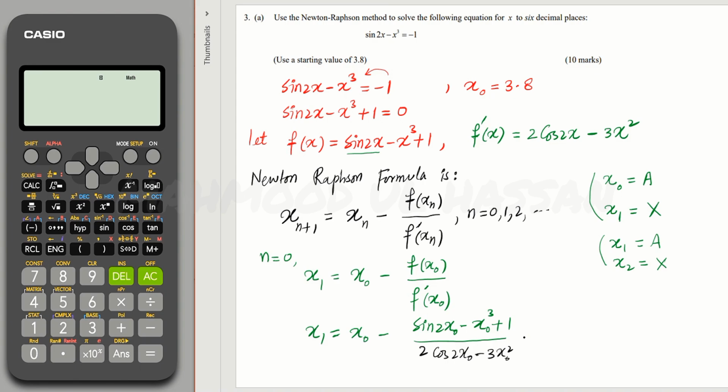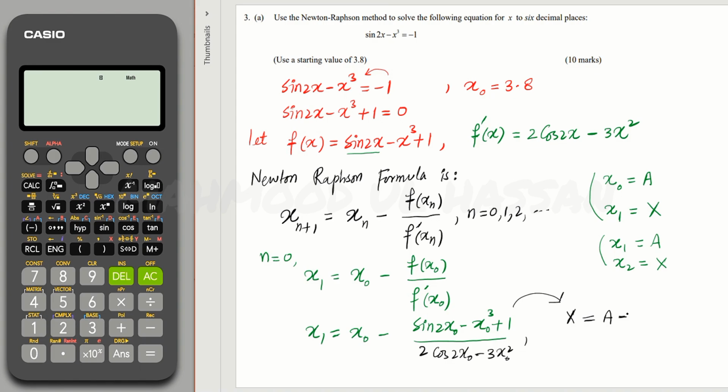But how can we write this into the calculator? As I told you, the next value of x will be our capital X in the calculator, and the previous value of x is considered as a. So x naught is our a.